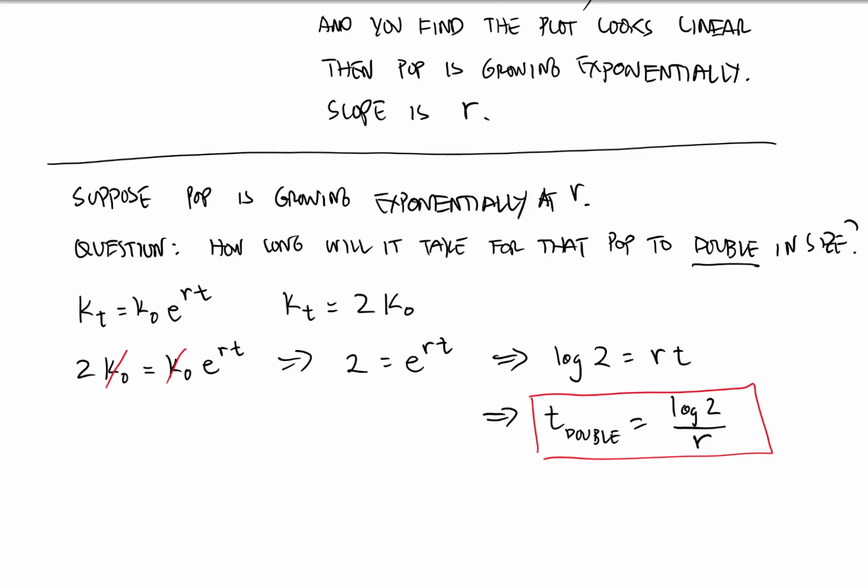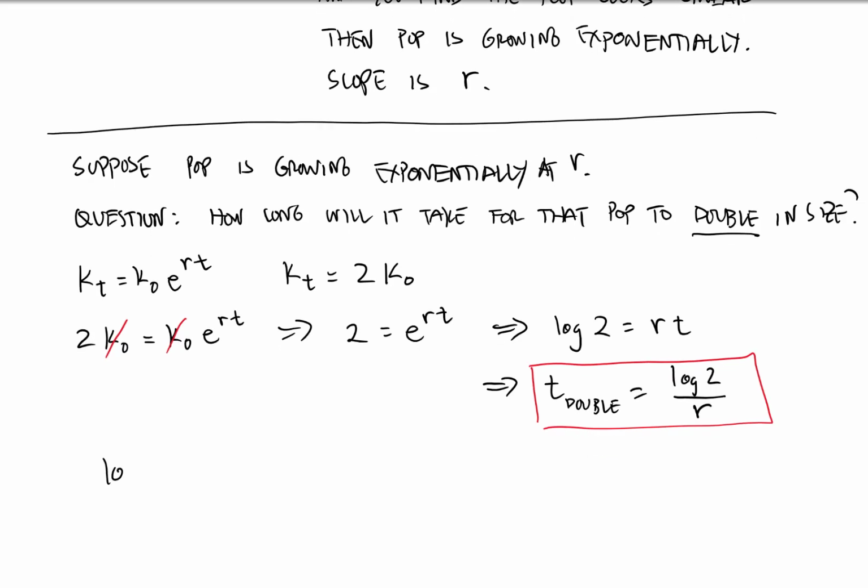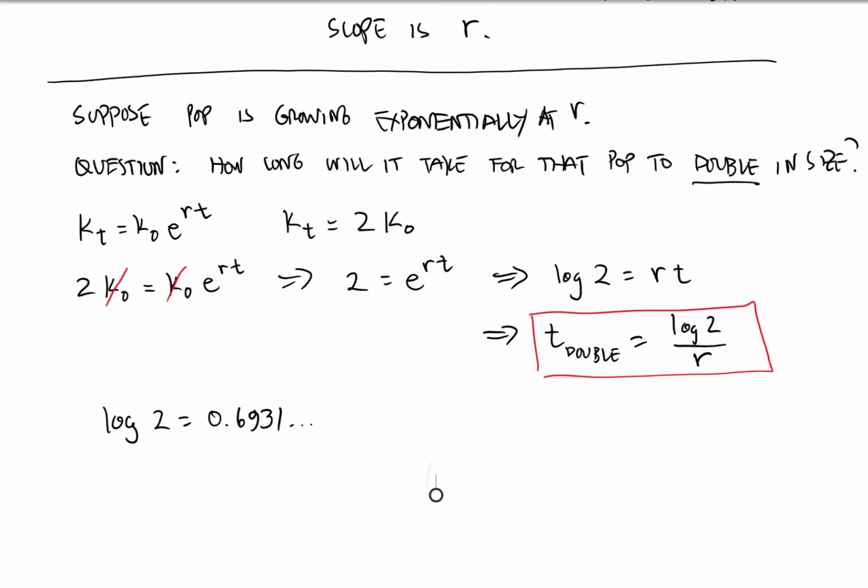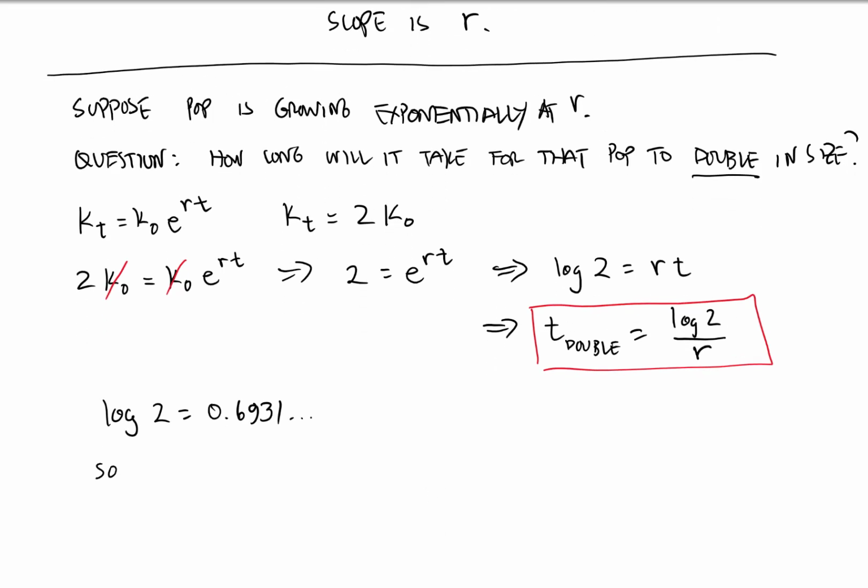What is the logarithm of 2? Well, I'm sure you all know this. It turns out that the logarithm base e of 2 equals 0.6931 something. So the doubling time, if the population is growing exponentially with the growth rate r, is going to be 0.6931 over the growth rate r.